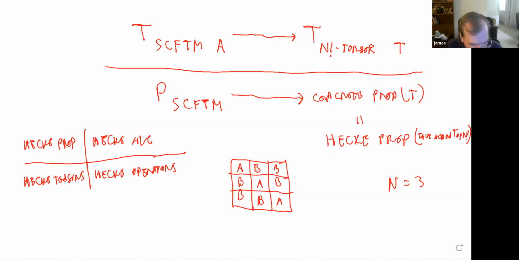Right, because n bang is the thing that's preserving this basis. So that's why having the Hecke prop being the image is agreeing with your philosophy.